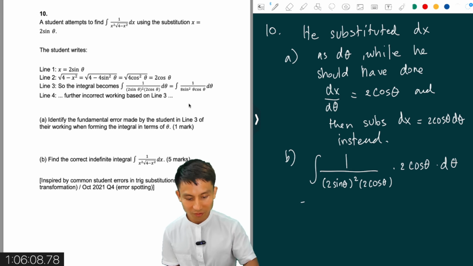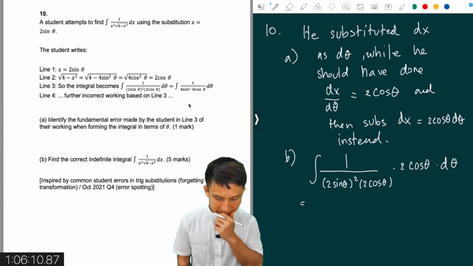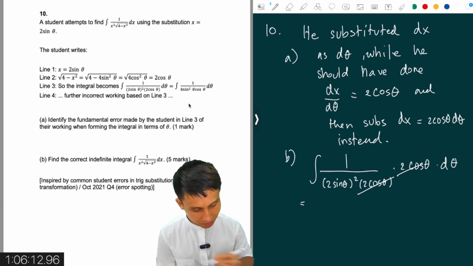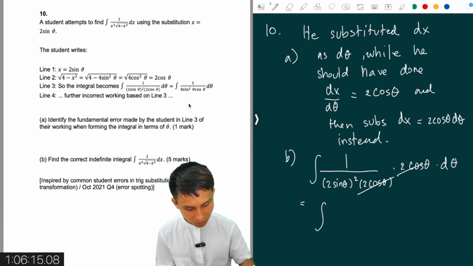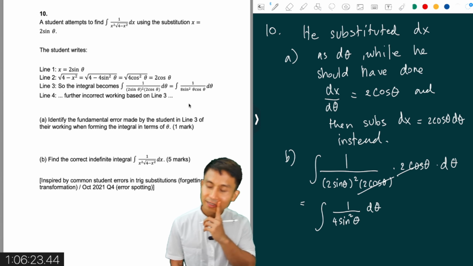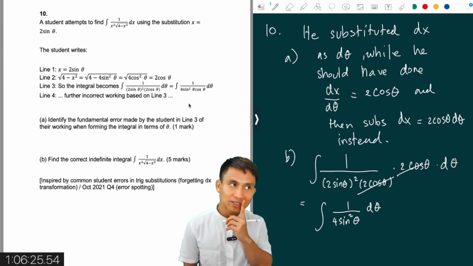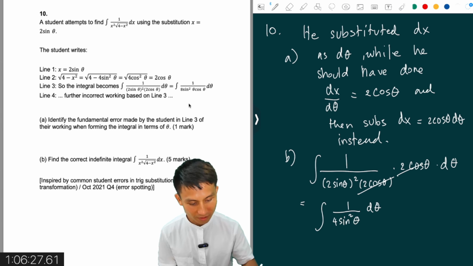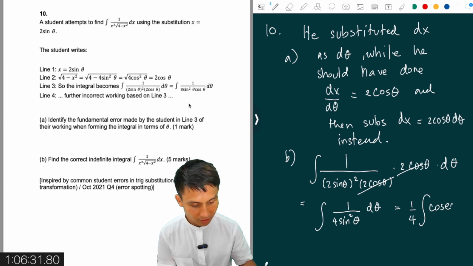That's indefinite, so there's no bounds. So we're going to cancel that, and then this is 1 over 4 sine squared theta d theta. 1 over sine squared is cosec squared. So this is 1 over 4 outside, and I prefer to bring it outside, cosec squared d theta.